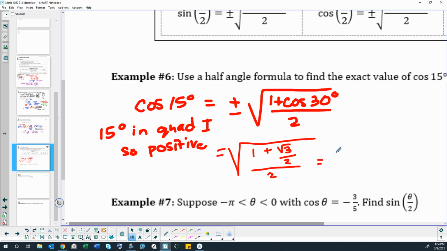Okay, good. So let's go ahead and get our common denominator on that 1. So we'll have 2 over 2 plus square root of 3 over 2, all over 2.